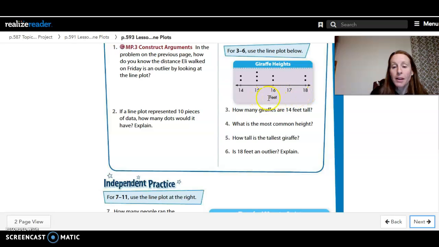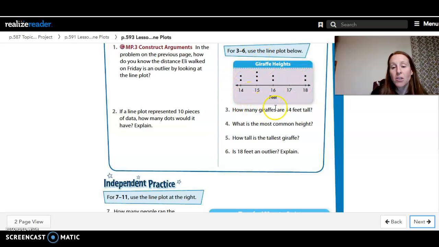So how many giraffes are 14 feet tall? So I come to my line plot, I find the number 14, and I count the dots above it. 1, 2. Each of these dots represents a giraffe. So 2 giraffes were 14 feet tall. What is the most common height? Easy. I just look and say, well, which one has the most dots above it? That's 15 feet because that has 3 dots and no other number has 3 dots above it.